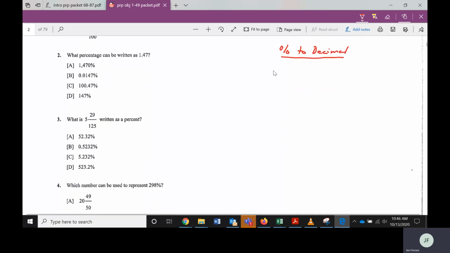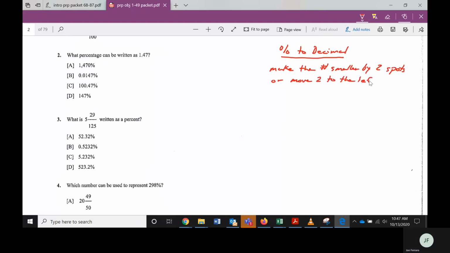The decimal version is a smaller version, so you're going to make the number smaller by 2 spots, or move 2 to the left. So if we just do a couple little examples and then we'll go over here.